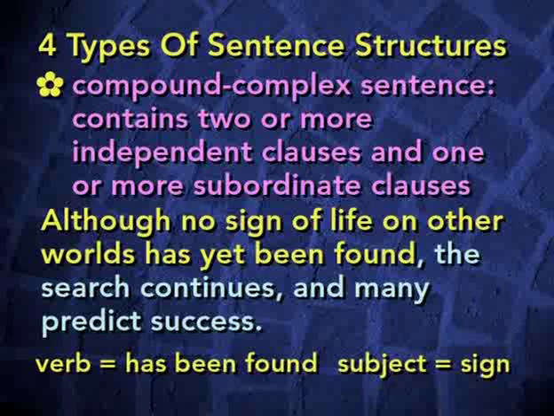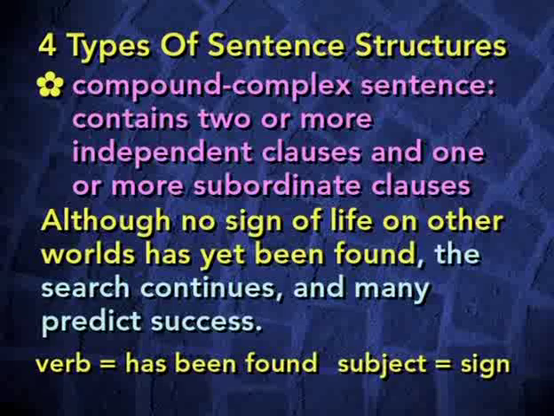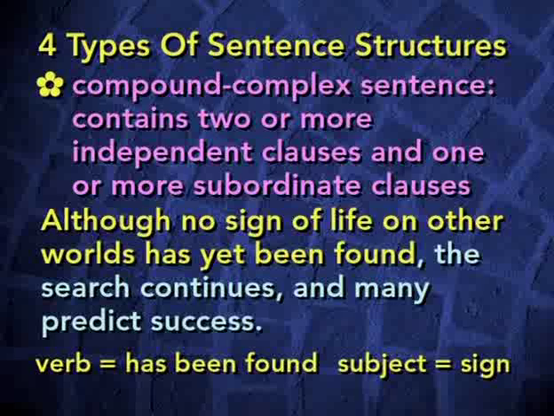Now, looking at the clause as a whole, is it an independent clause or a subordinate clause? Could it stand alone as a sentence? Well, the answer is no, it couldn't. Read it again. Although no sign of life on other worlds has yet been found. Perhaps you can hear that something is missing. The author seems to be building up to some conclusion, but no conclusion is presented.